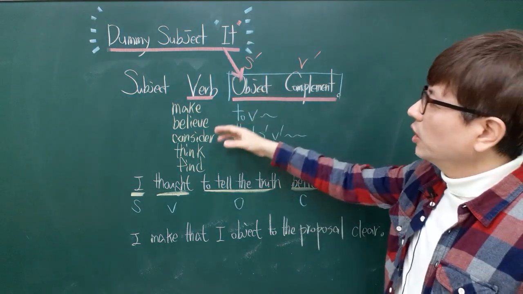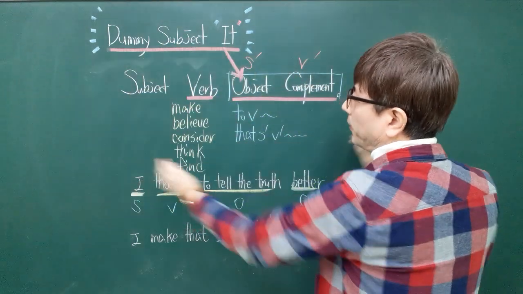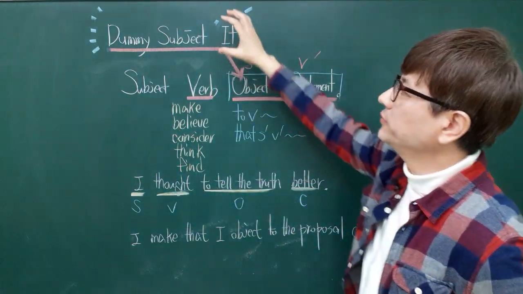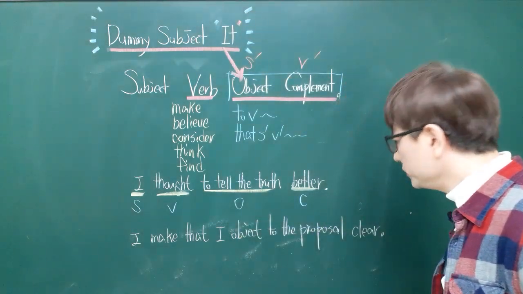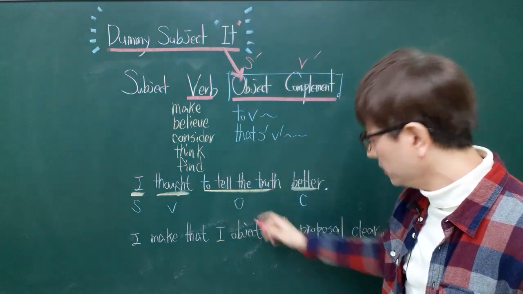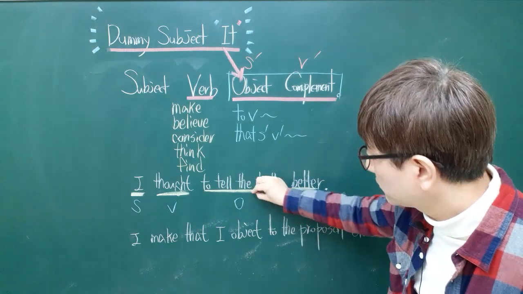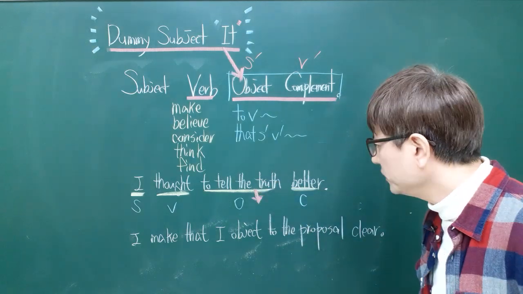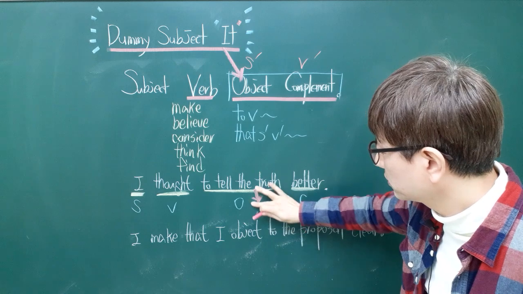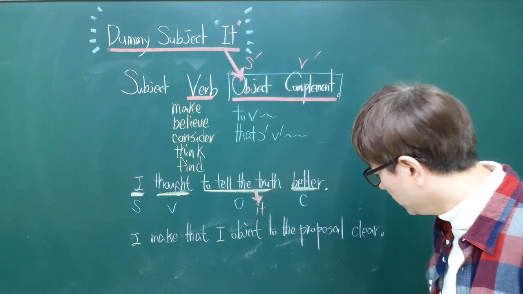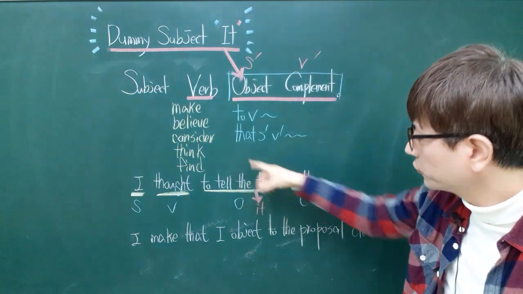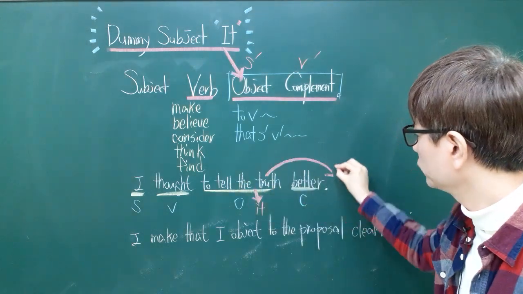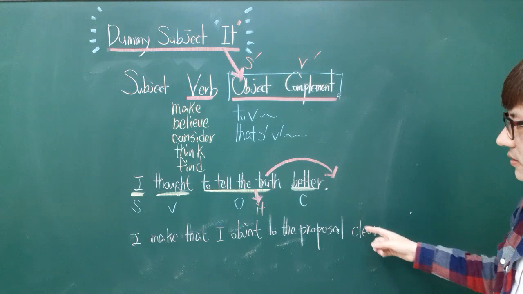When we have this pattern of the sentence, we must use dummy subject it. So we have to replace this real object with dummy subject it, and then we have to send the real object toward the end of the sentence.